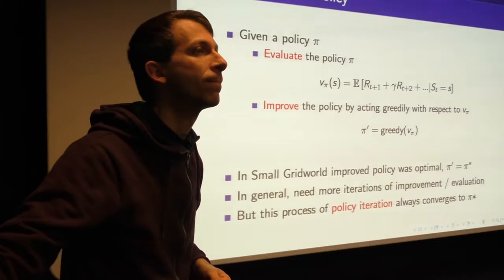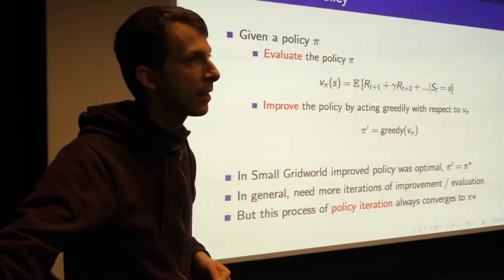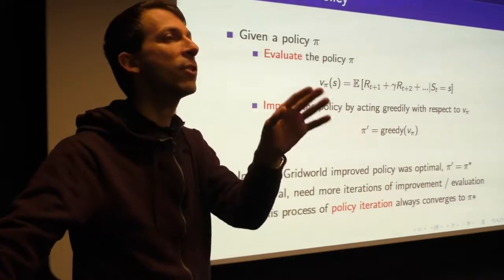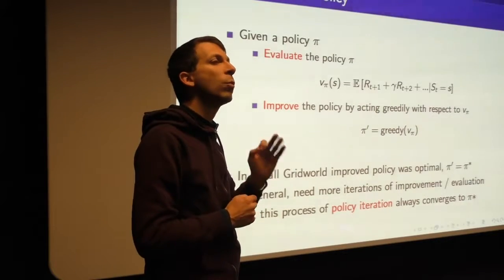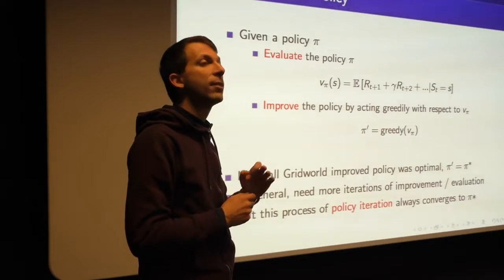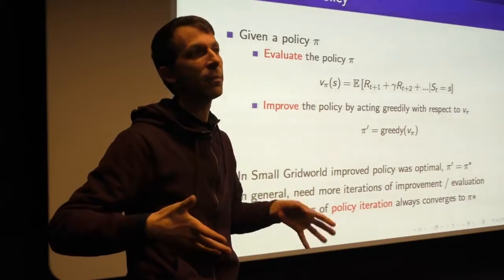Questions? When you improve the policy, then isn't it like a deterministic thing? Yes. So remember, recall from the last lecture that there is always at least one deterministic optimal policy for any MDP. So it's sufficient to search over deterministic policies only when you're looking for the optimal policy.